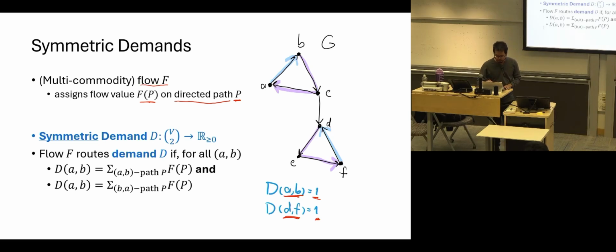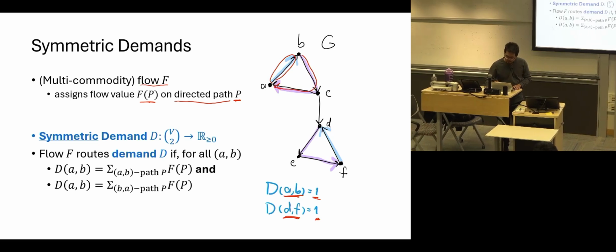So you need flow in both directions, from A to B and B to A, from D to F and F to D. Then we say that this flow routes this demand.